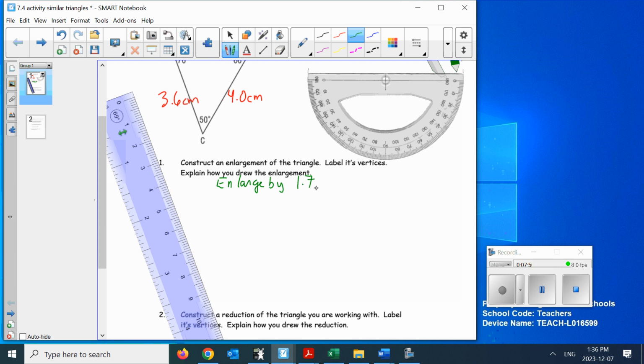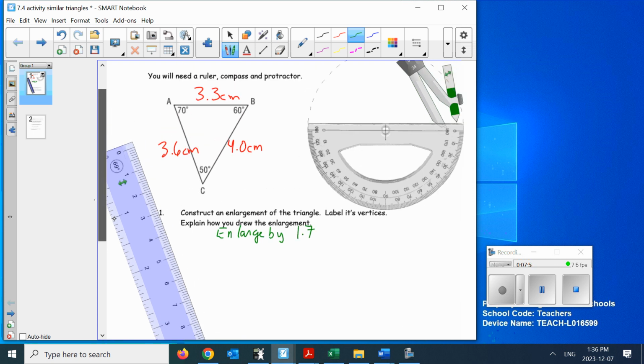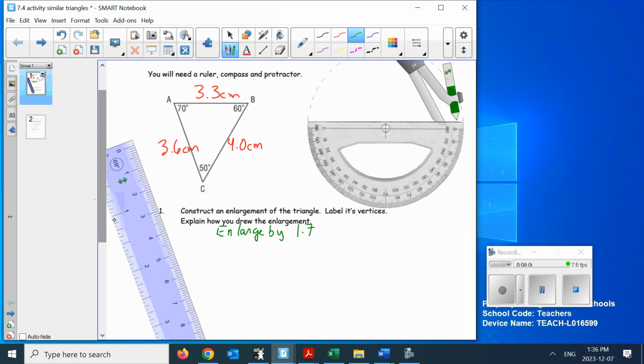Over here on the right-hand side, I'm going to do some arithmetic. AB, which is 3.3, is going to be multiplied by 1.7.